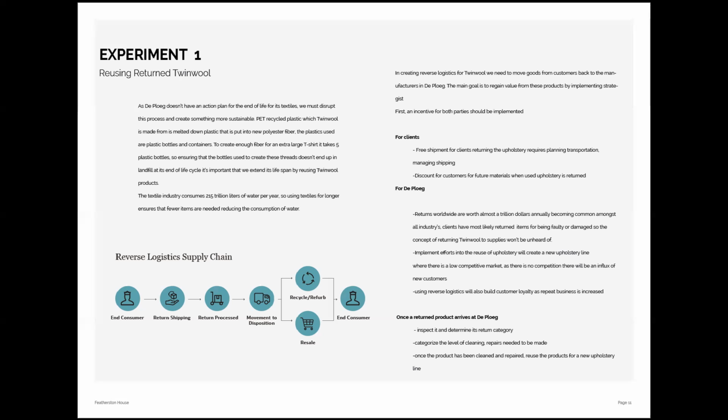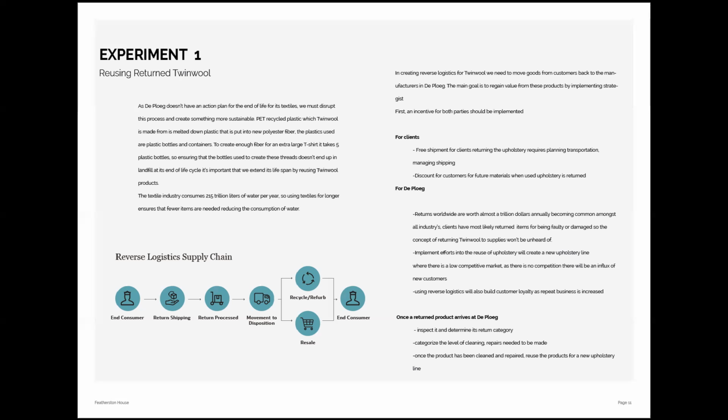And as this is a low competitive market at the moment with reused materials, there won't be much competition, so their pricings could be whatever they like. Using reverse logistics will also build customer loyalty as repeat business is increased, especially if there's a discount.